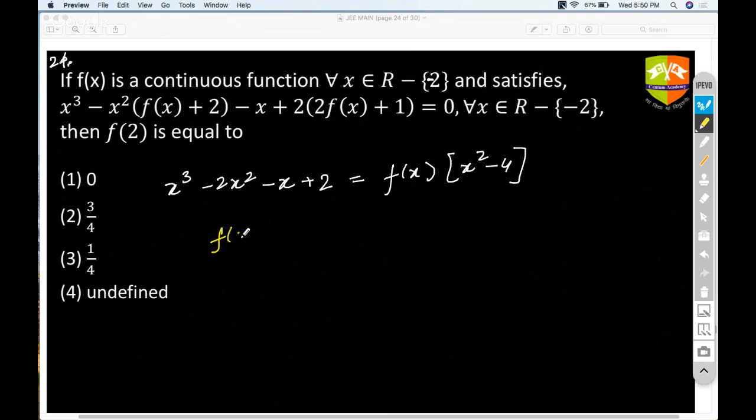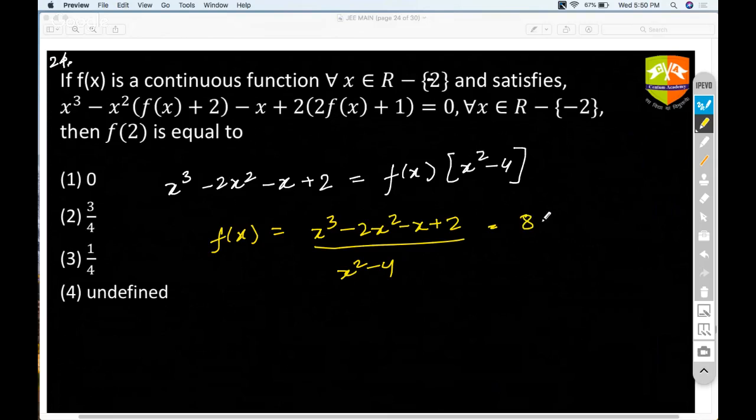So I can say that f of x is actually x cube minus 2x square minus x plus 2 by x square minus 4. Now the moment you put a 2, you would realize that it's actually giving you 0 by 0, right?